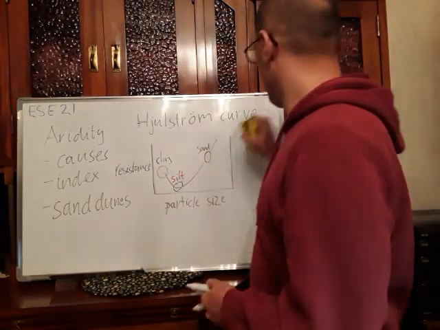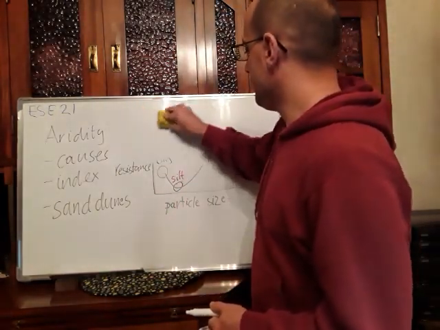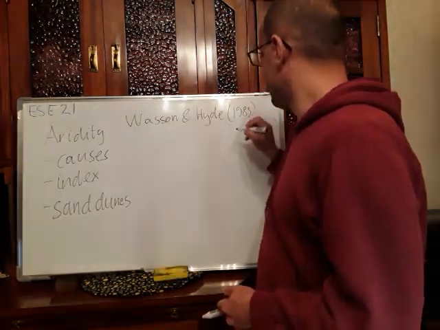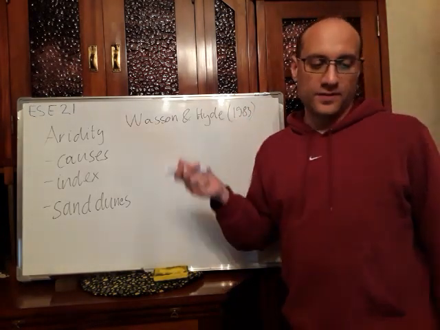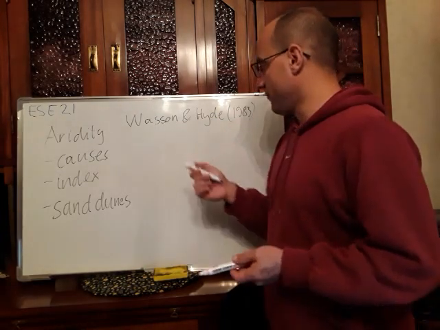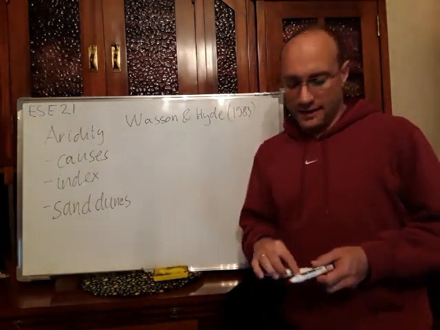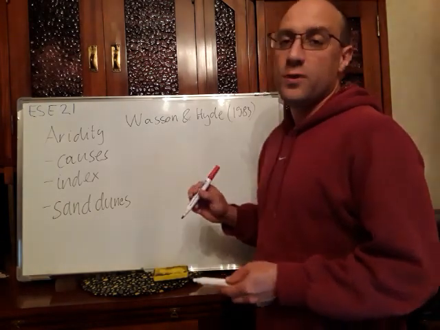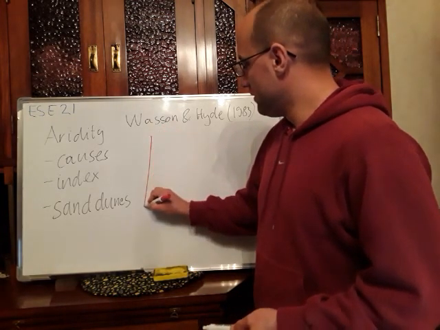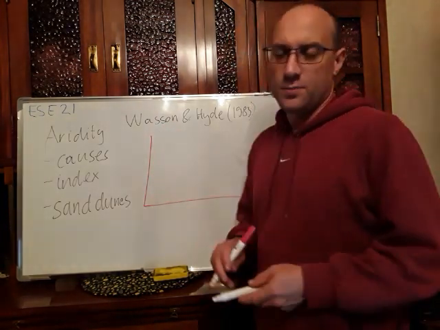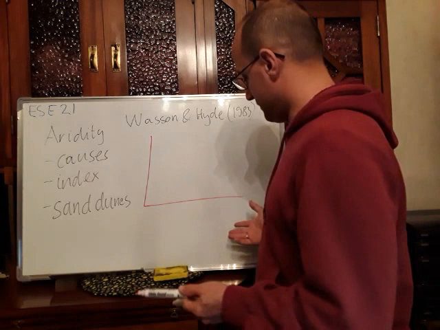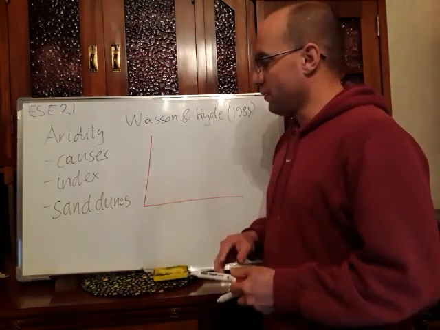And also what I want to speak about here is the Wasson and Hyde model. I just put here 1983 because that's when this work was published, and so that's how we can refer to the Wasson and Hyde model. What this is about is how we can place different kinds of sand dunes on one chart based on the most important factors that help their development.